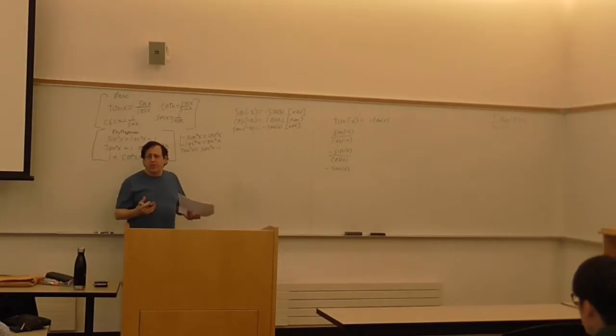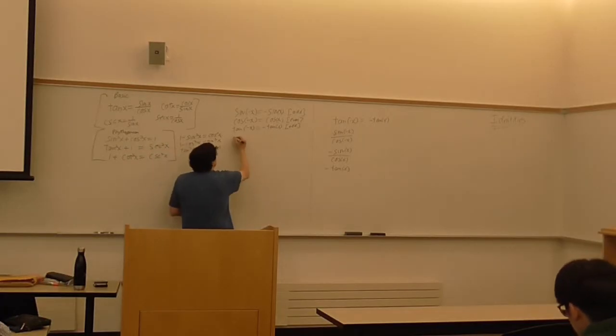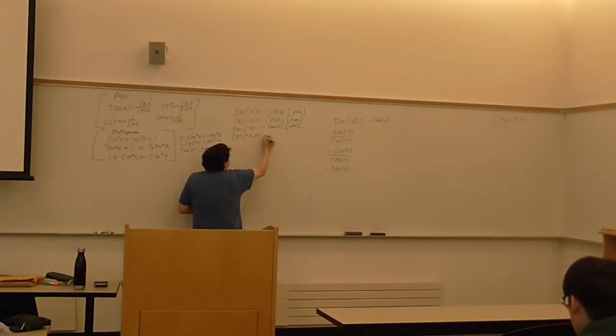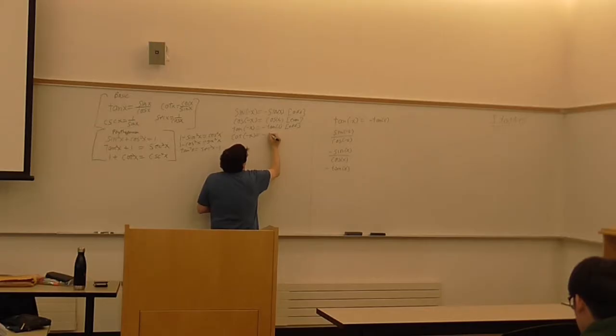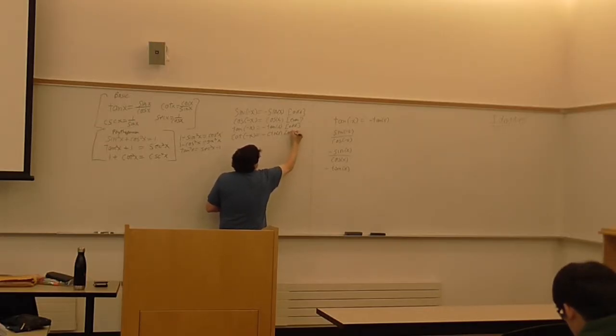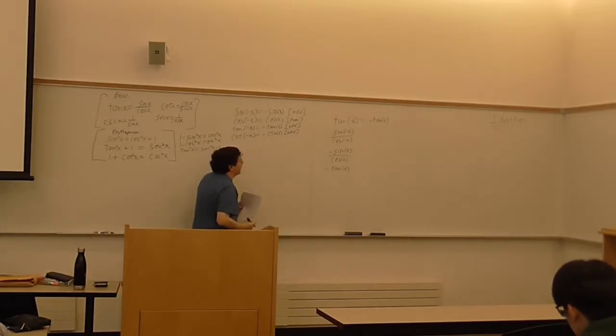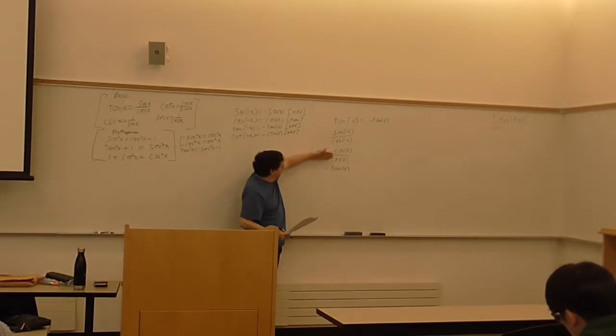Without much effort, I think you can see that the cotangent is going to have the same property. Proof is pretty much the same, except everything here is reciprocal.